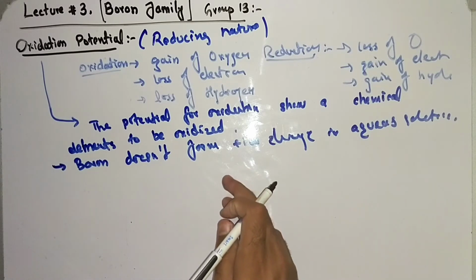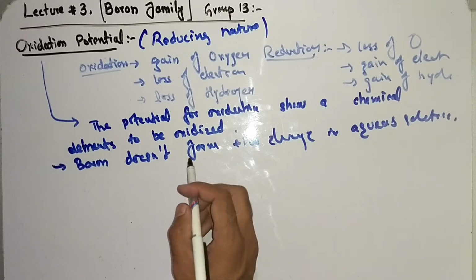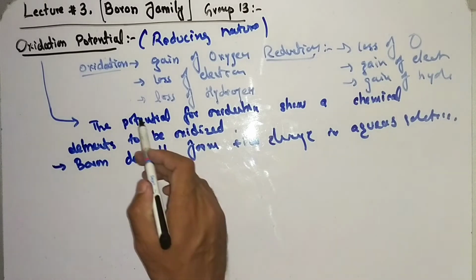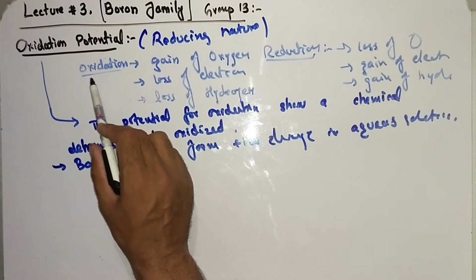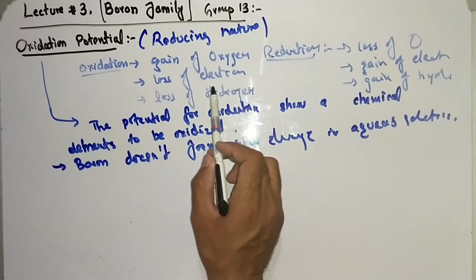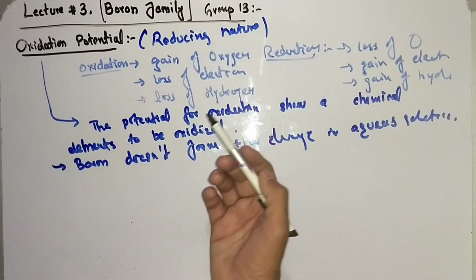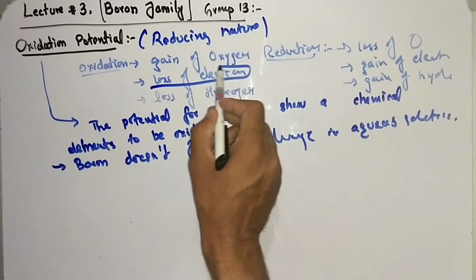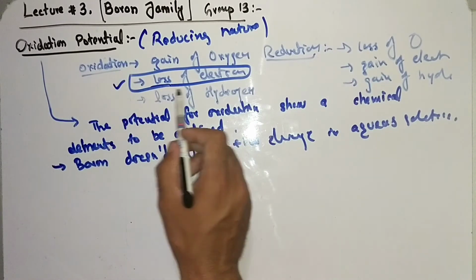That's why oxidation potential means that the element should be oxidized, and we know which elements will be oxidized. From the definition of oxidation, loss of electron, when the atom loses electron, it will be easily oxidized, and its oxidation potential will be very high. Oxidation potential directly depends upon loss of electron.